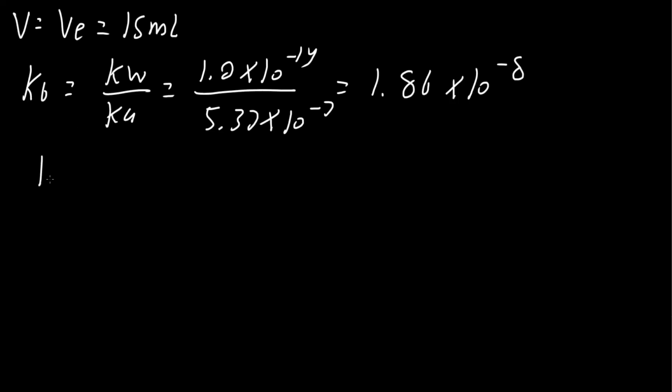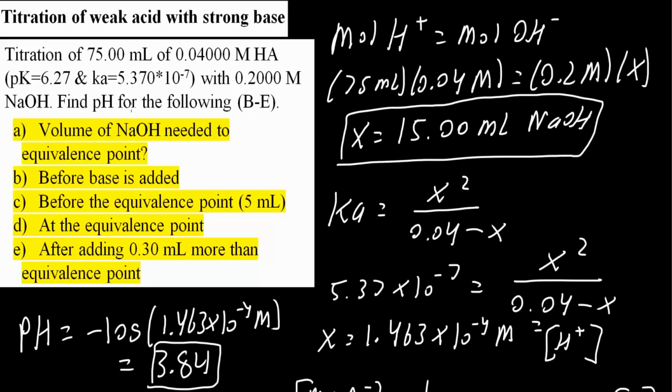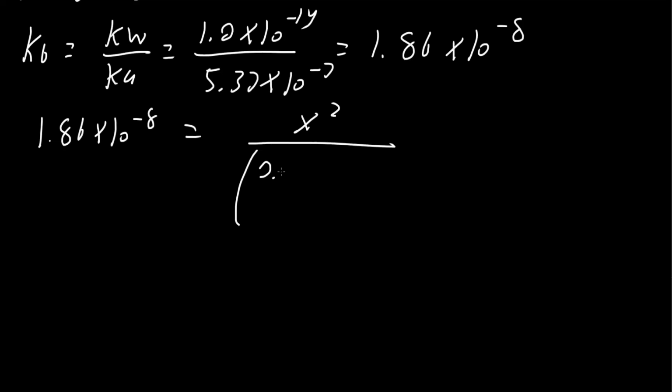And so we will say that 1.86 times 10 raised to -8 is equal to x squared divided by parentheses. Now we focus on the molarity of the acid. So we had 75 mils of 0.04 molar HA. So we say 0.04 times 75 mils divided by, now we divide by total volume.